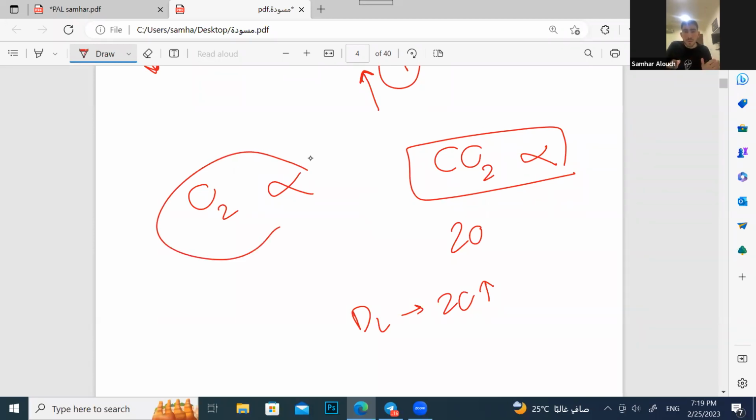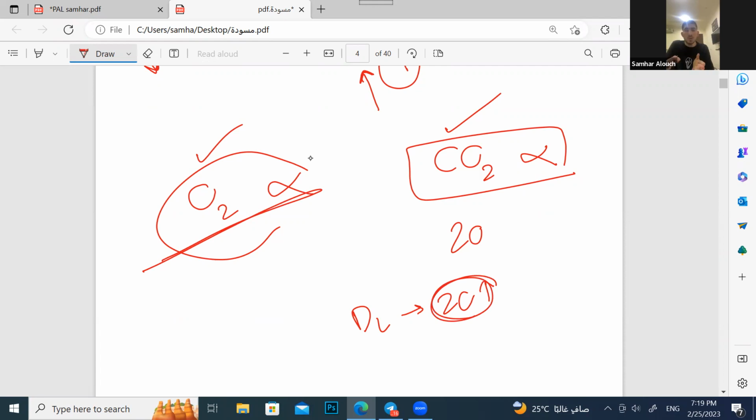If we have a problem in the diffusion or obstruction or anything, which one do we think we will have a problem in, oxygen or carbon dioxide? Yes, actually, you said oxygen. Yes, we will have it in oxygen. Why? Because carbon dioxide has a solubility 20 times higher than oxygen.